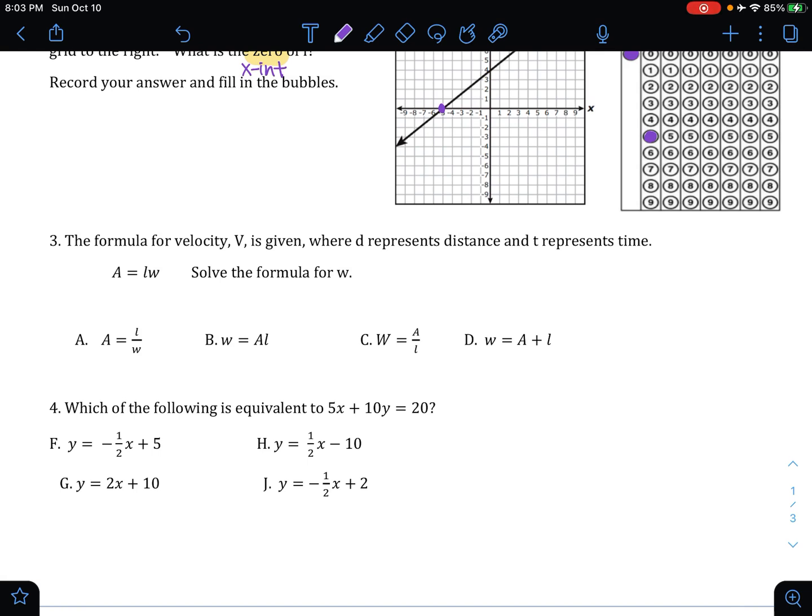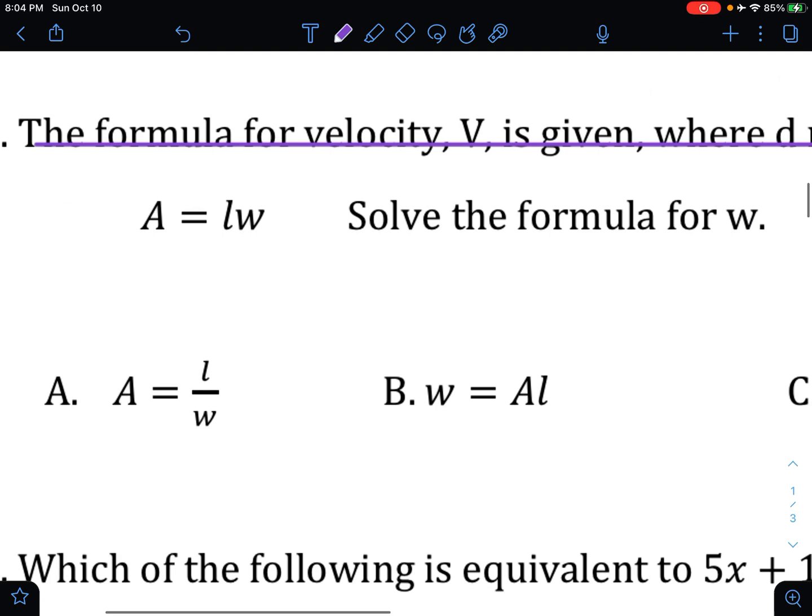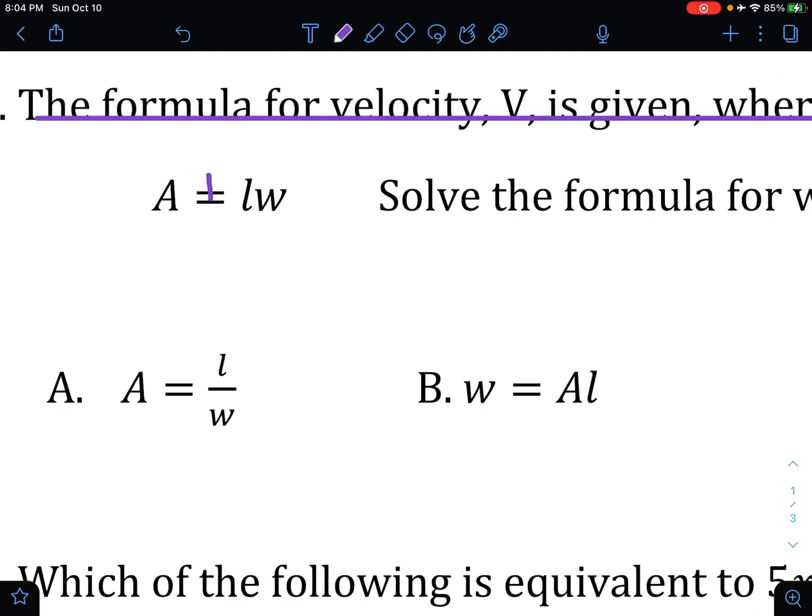The formula for velocity is given where d represents the distance and t represents the time. I think that's a typo. I think it's supposed to say the formula for area A is given where L represents the length and W represents the width. So that's a typo right there. Okay, we want to solve for W. So here we go.